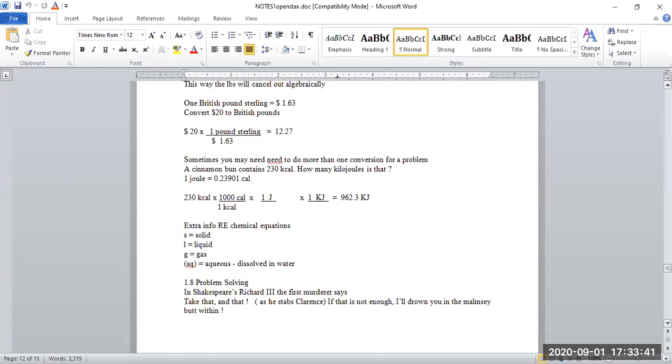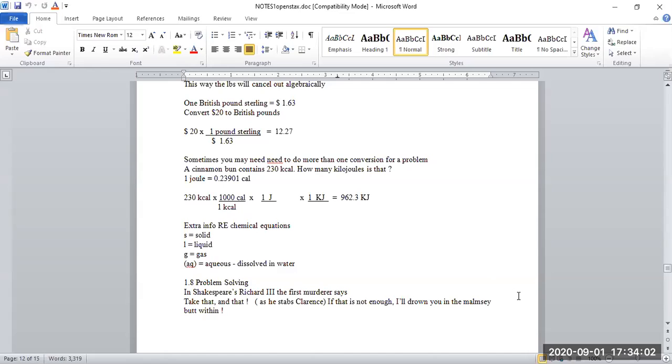All right, so the last thing we were talking about was going from kilocalories to kilojoules. So that was one of our multi-step problems. One little additional bit that I want to go through, and it will pop up again later, is where it says extra info.